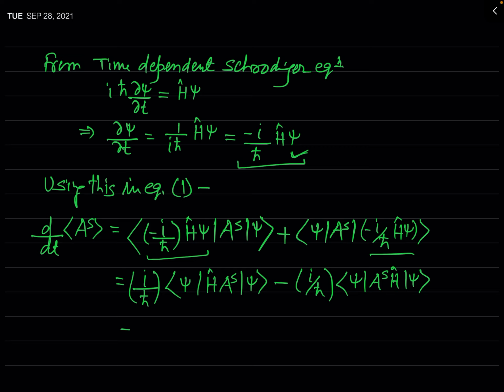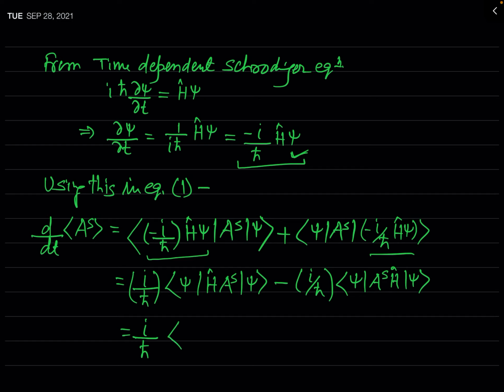Now we can take this factor i over h bar as a common factor, and then what will be the remaining term?